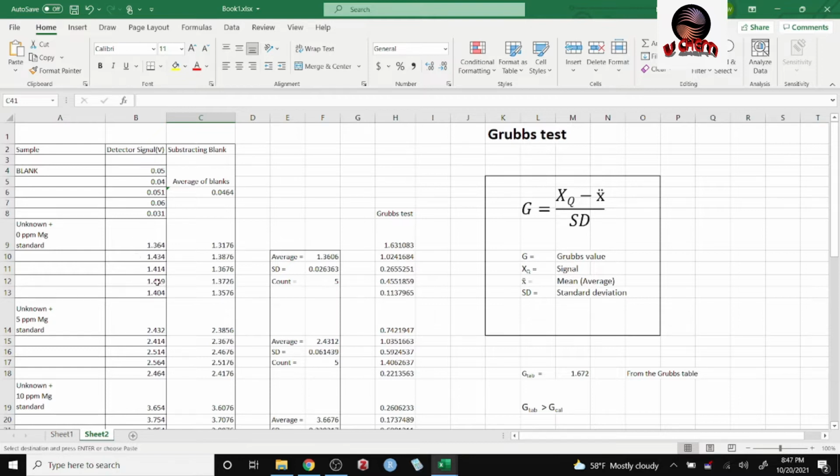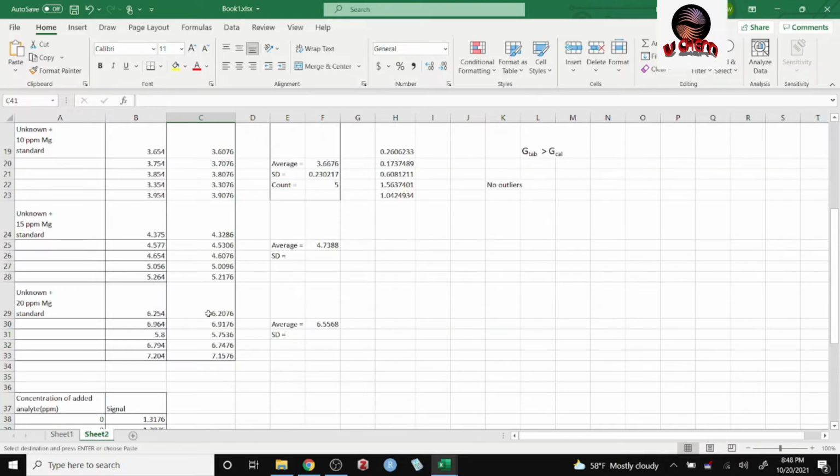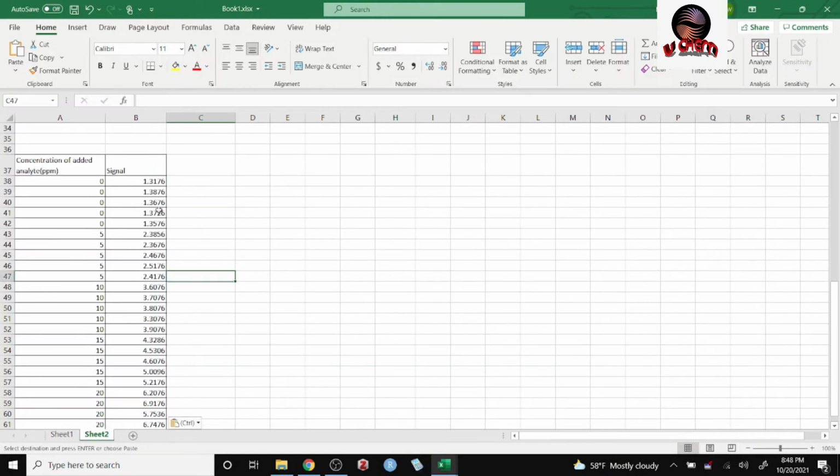I have used the blank subtracted data, and for 0 ppm, parts per million, I put 20, 20, 20, 20, 20, because here I'm not going to average these values, since I'm going to use the LINEST function to take the intercept and slope of the curve.